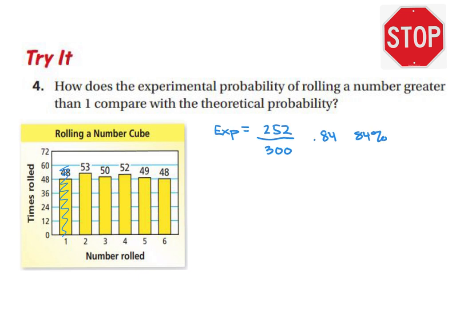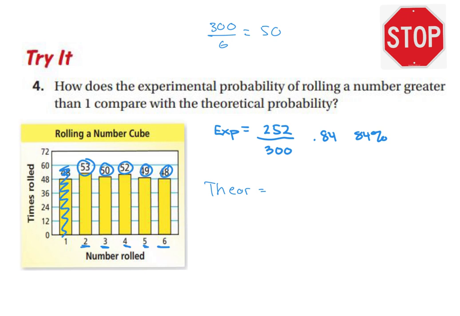Very likely. Now for the theoretical. Theoretically, each one of these should be 50, because 300 divided by 6, because it's a 6-sided cube, would be 50. And we had 5 numbers that would be greater than 1.